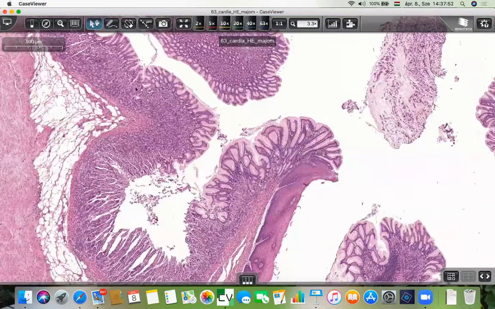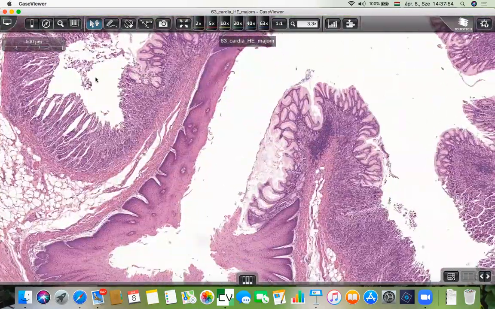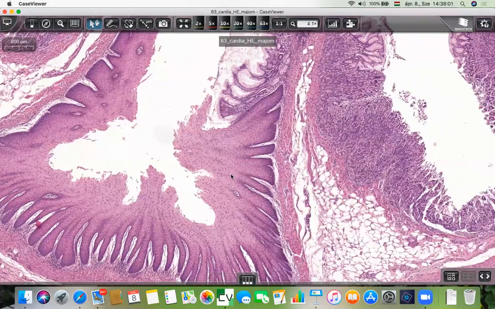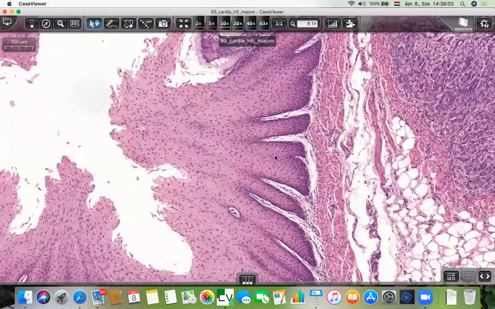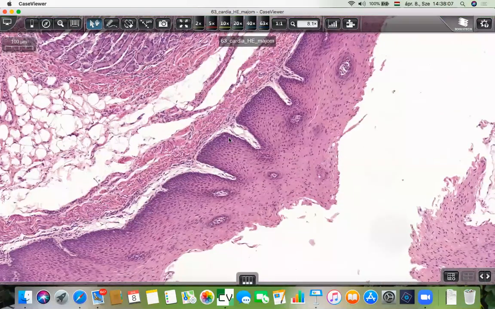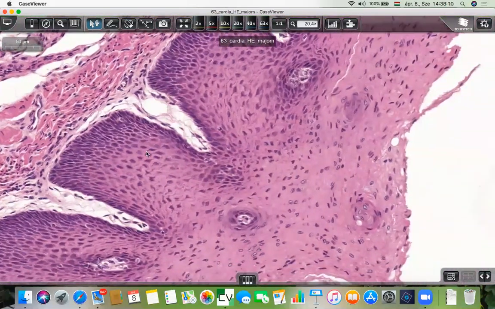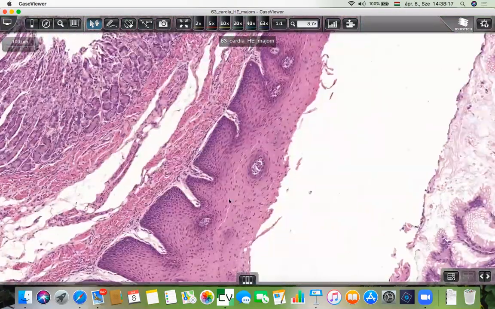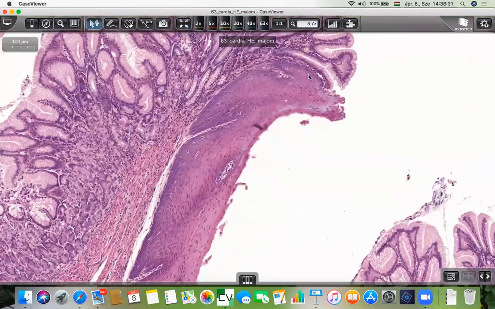Then we can find an area which is completely different from the previous ones. Look at that. This is a stratified non-keratinized squamous epithelium. Here we have the stratum basale, stratum spinosum, and squamous cells, but this is a transition. Look at that, it gradually changes.